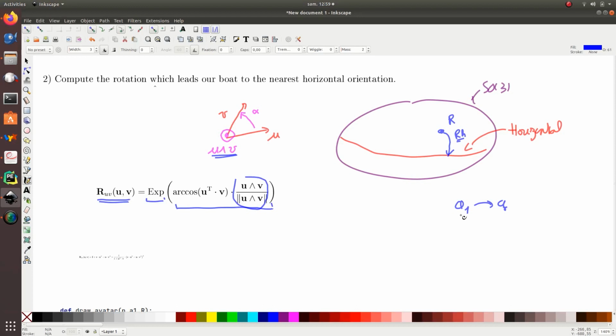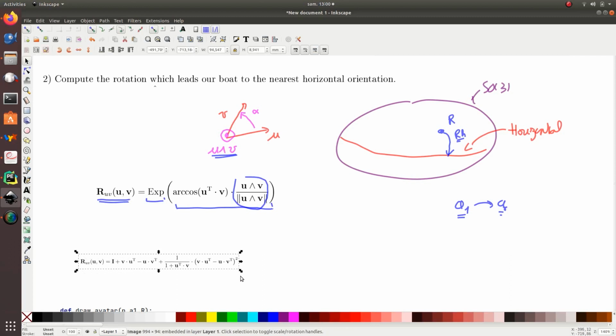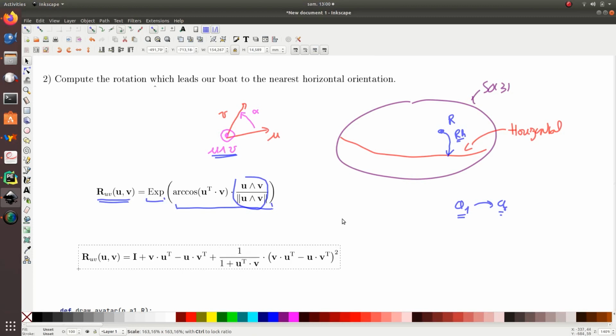So it means when my boat is horizontal, I will have a singularity. This is why I prefer to use another formula, which is not explained here, which is given here. It has an input u and v, and will provide me the same rotation matrix, but without any singularity.